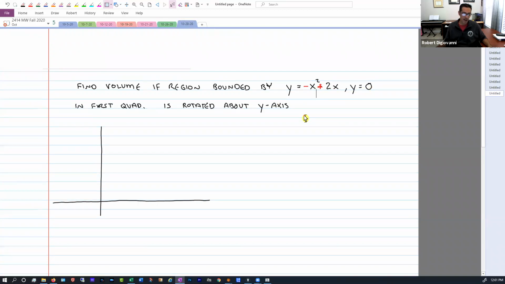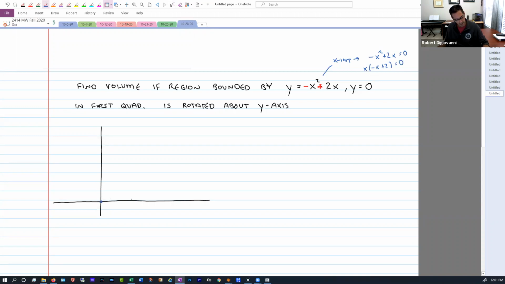So how would you graph that? Would you just go to a calculator? It's a parabola, right? It opens down. We could also find the x-intercepts. If I set it equal to 0, I could factor an x out, and I'd have two x-intercepts at 0 and at 2.